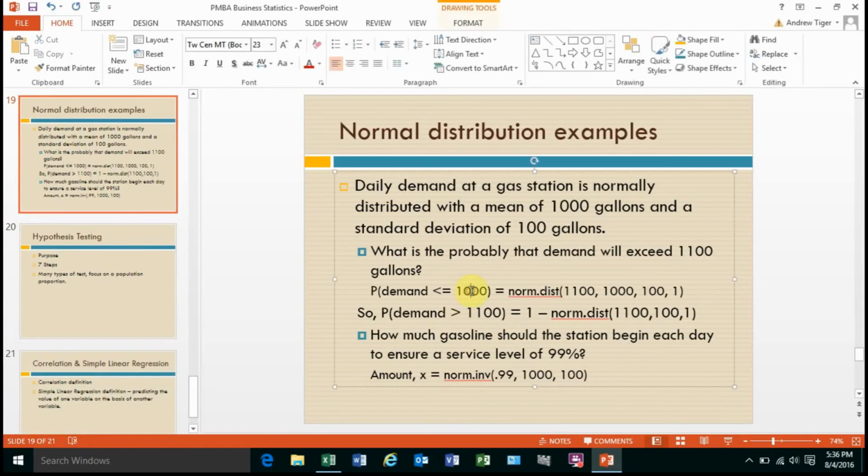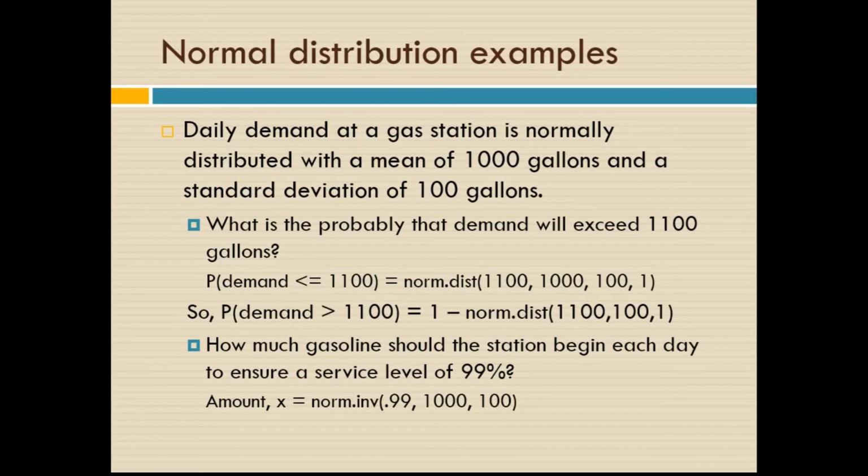The probability that demand is going to be less than or equal to 1,100, we're going to find an area. We're going to use the norm dist with 1,100, 1,000, 100. And then the chance that we would run out, that demand would be greater than 1,100, is 1 minus what we just solved for. So that's a good example.